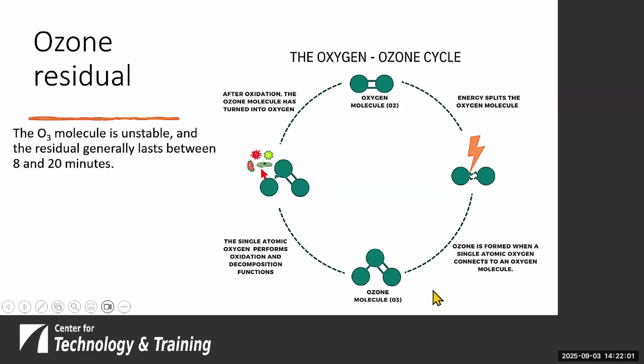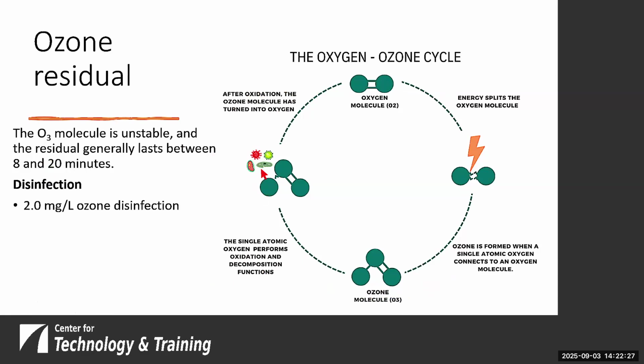So, it's a cycle. It goes from O2, we add energy, we form O3, the O3 attacks the pathogens, and then we end up with O2 again. It has a residual, but it's a very short-lived residual. So it's nothing that we could expect to put out into the distribution system and have it get very far.